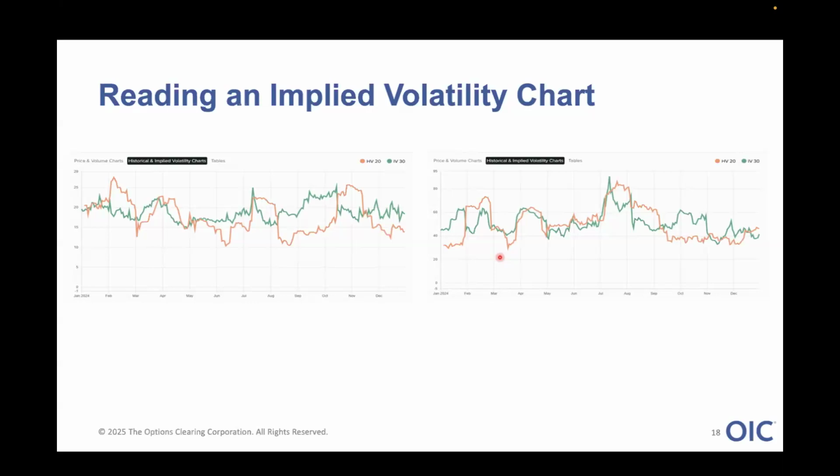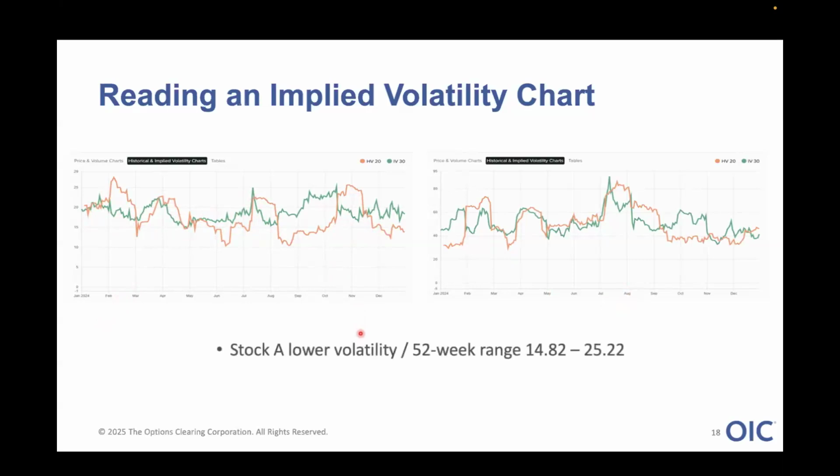I'd be looking at volatility charts all day. Okay, so what we have here is stock A on the left and stock B on the right. The orange line that you're looking at is the stock's historical volatility, and this is over a one year period. The green line superimposed on this is the implied volatility, the options.